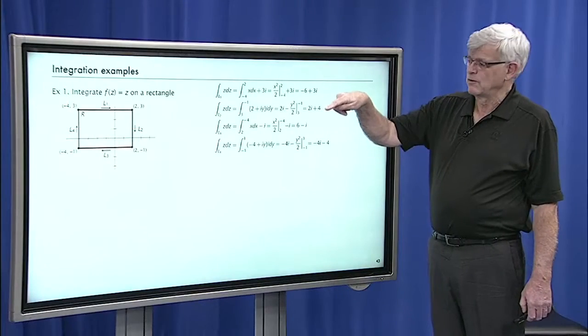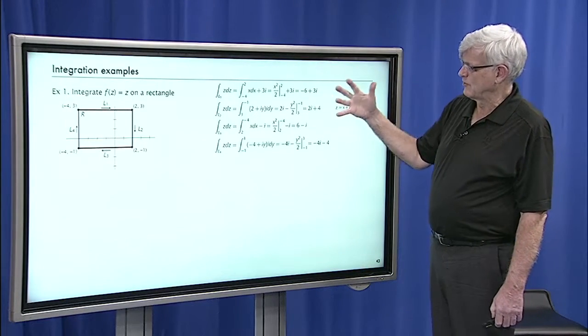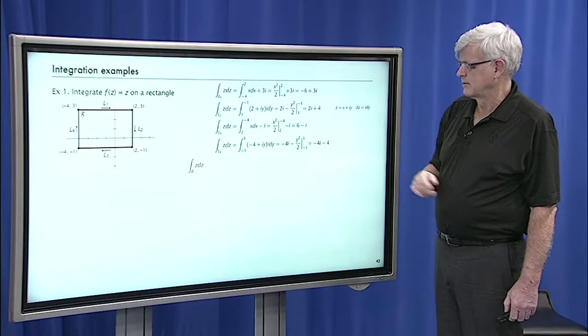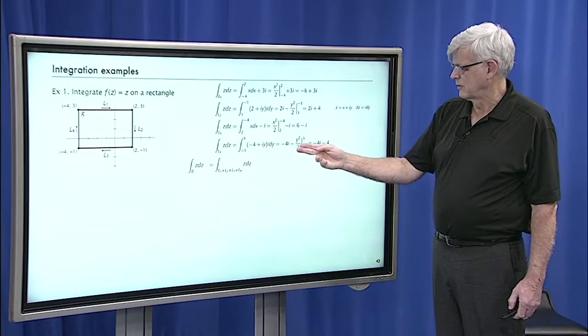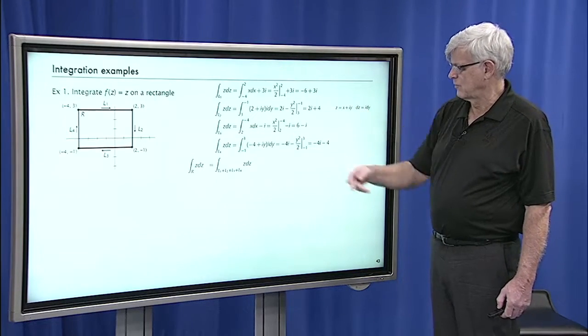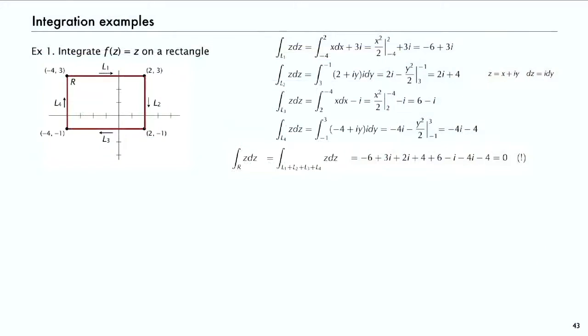So if we want the integral all the way around that rectangle, we just add those 4 things up together. And what's amazing is that we get 0. We had lots of different values. You can check my arithmetic, they all add up to 0.